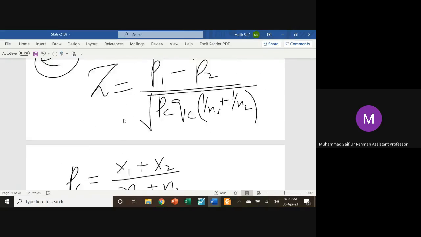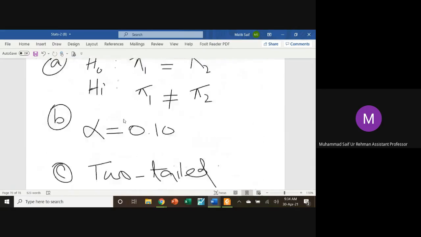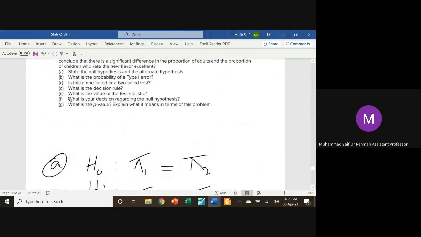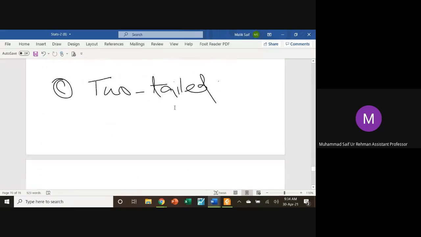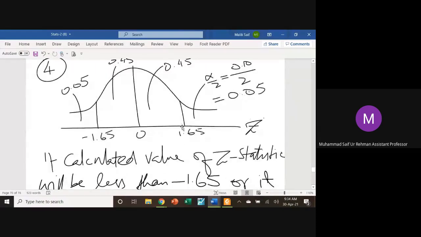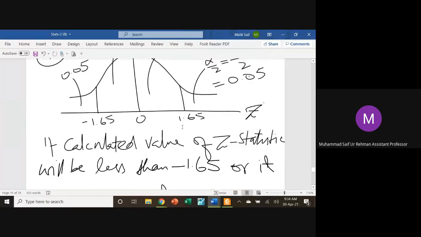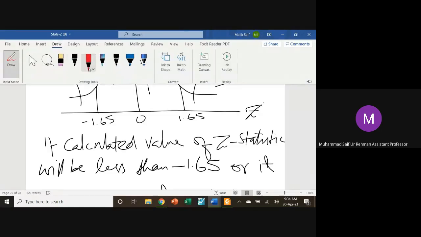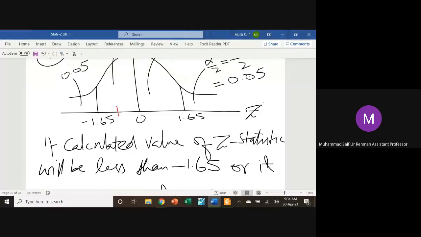So we have answered this part. What is your decision regarding the null hypothesis? Now you have to decide about the null. 0.76 is the answer. To which side will it be? It is with a negative sign, so definitely it will be somewhere here.